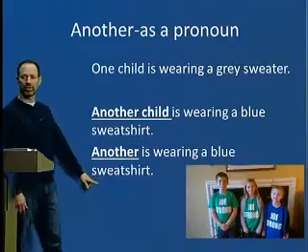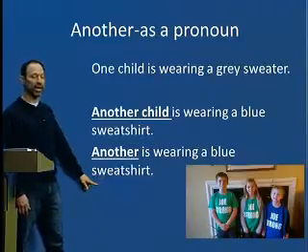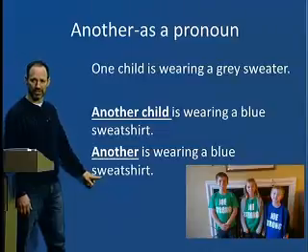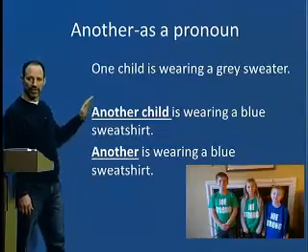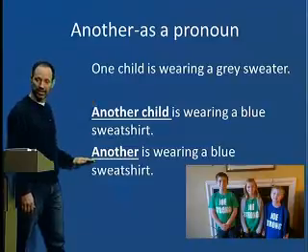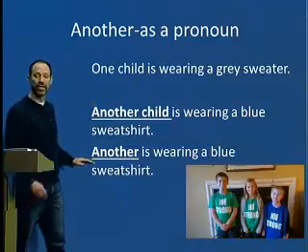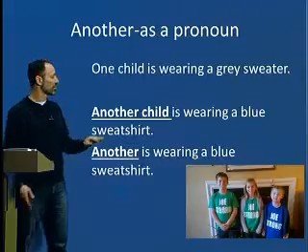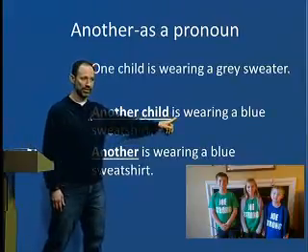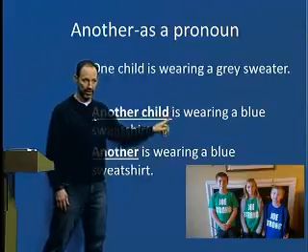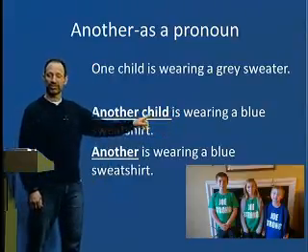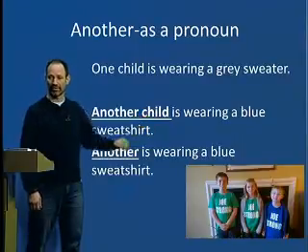So here, one child is wearing a gray sweater, another is wearing a blue sweatshirt. In this one, another is an adjective. In this one, another is a pronoun. In both situations, another is followed by a singular form of the verb, and when it's an adjective, it's followed by a singular count noun.